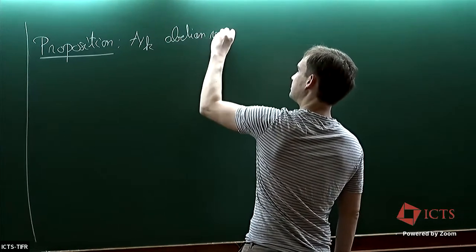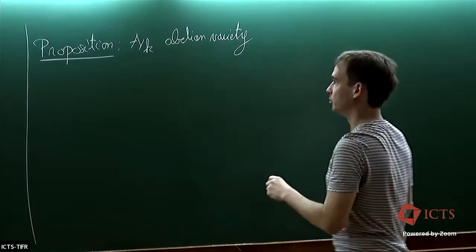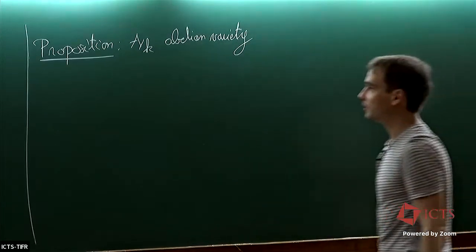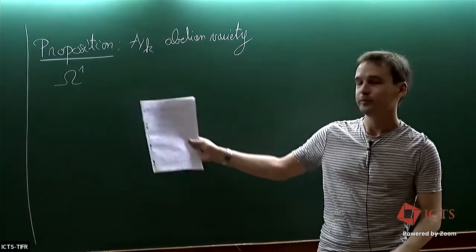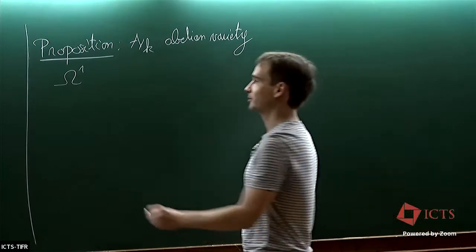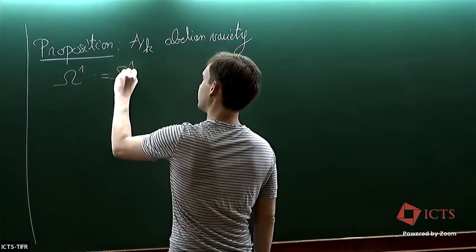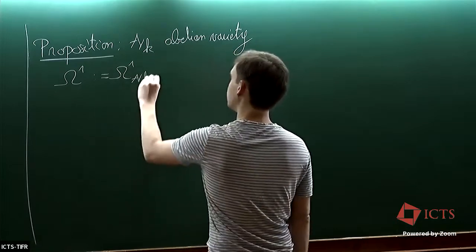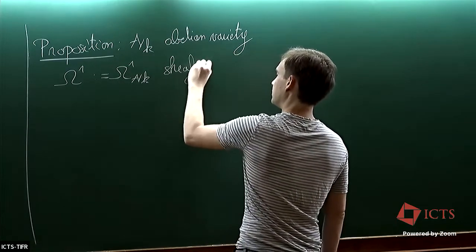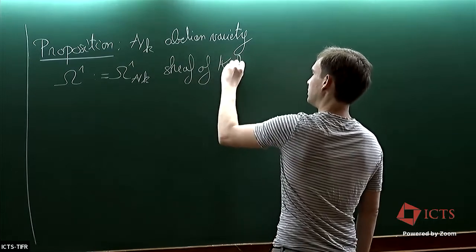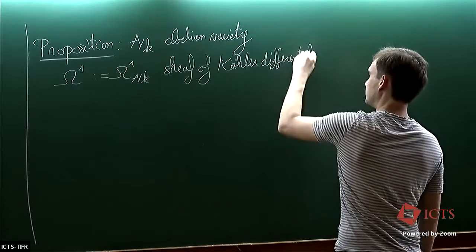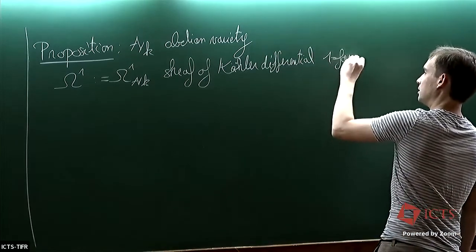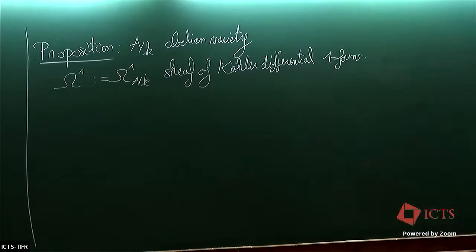So I take an abelian variety, and I look at omega 1. I will often be a bit lazy and just write omega 1. But given the context, it will always be omega 1 of A over K, the sheaf of scalar differential forms. So when I write omega 1 all the time, it will be this.